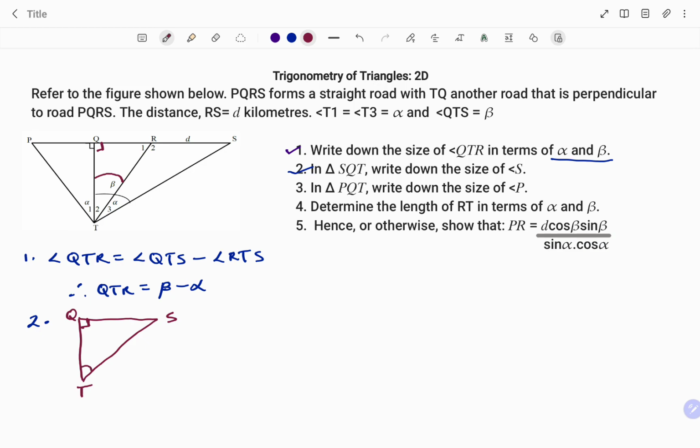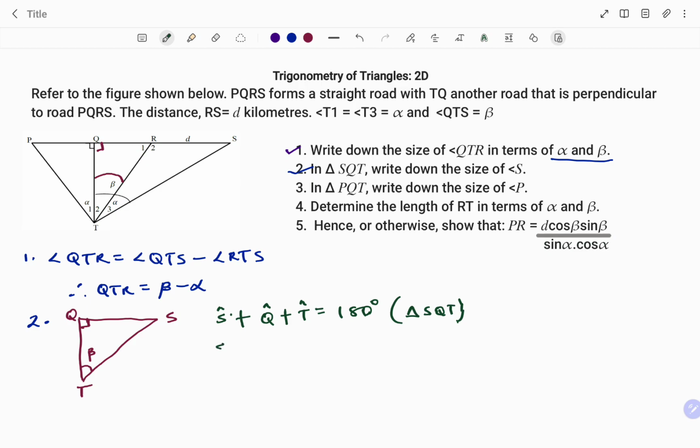From the diagram, we have the total angle to be beta, such that the sum of all the angles will add up to 180. That's the property of a triangle. So we have angle at S plus the angle at Q plus the angle at T equals 180 degrees, and the reason being, the sum of angles in a triangle add up to 180 degrees.